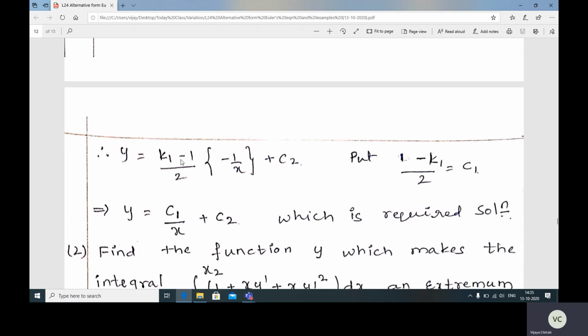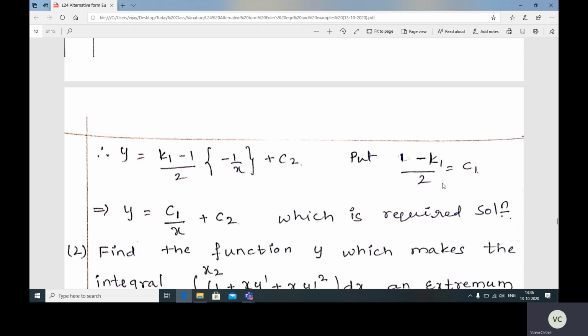So we'll write this as 1 minus k1 divided by 2, and this is C1. So minus, K1 minus 1 is there. So first you write minus 1 plus K1 and take minus as common. So minus K1 minus 1 divided by 2. This minus will be plus, so 1 minus K1 by 2.